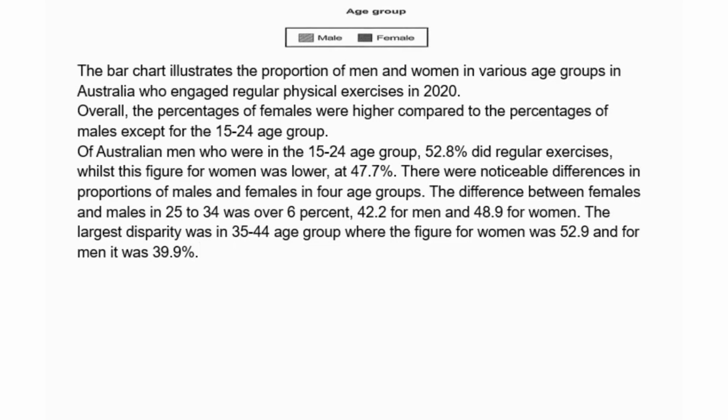That's very low for men. So that's all about it for our first part here.